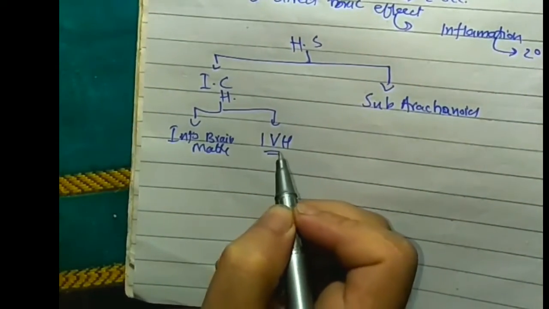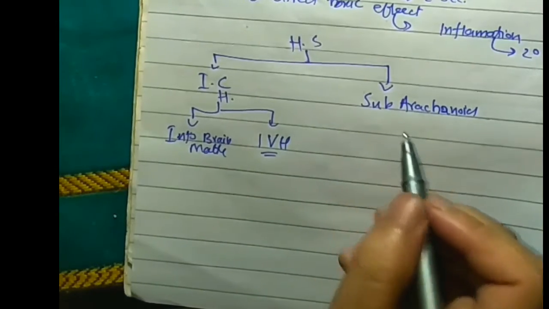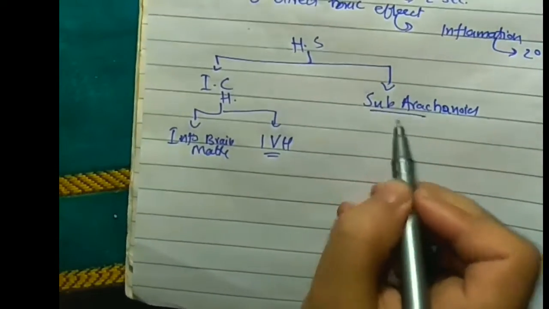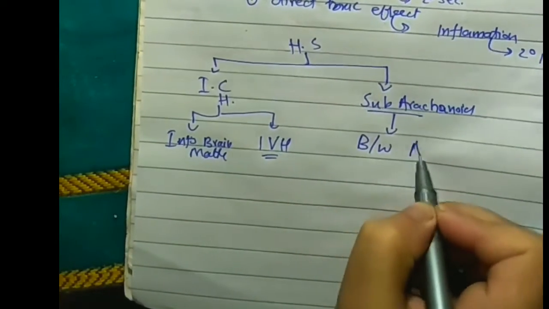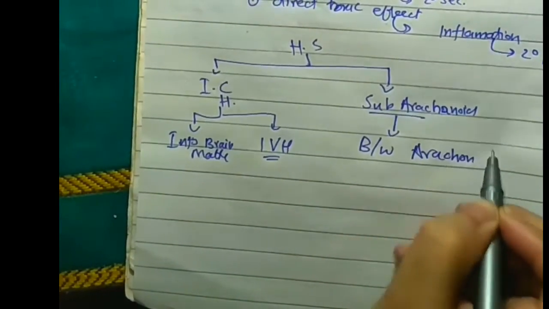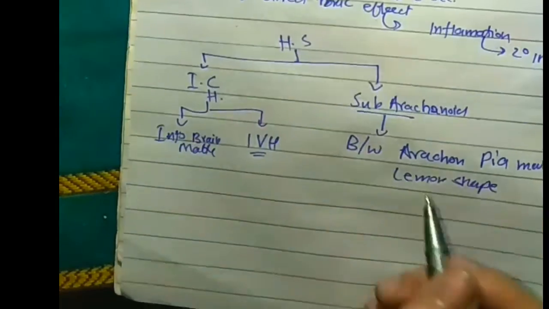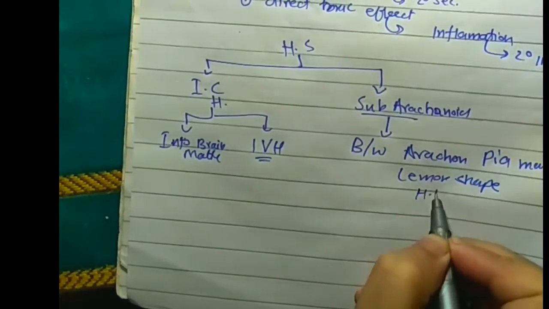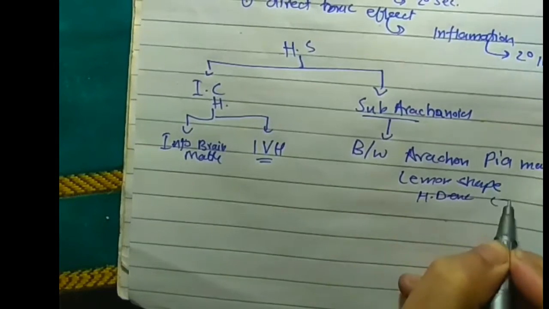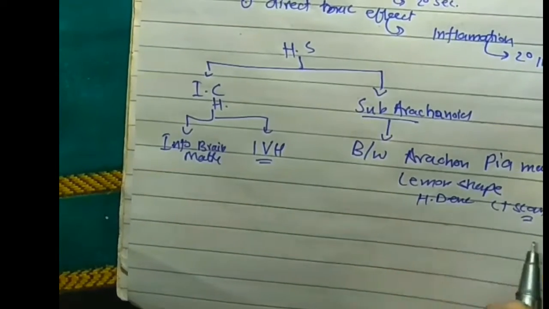Now, in subarachnoid hemorrhage there is bleeding between the arachnoid and pia mater. This will cause a lemon shaped hyperdense area in a CT scan of the cranium.